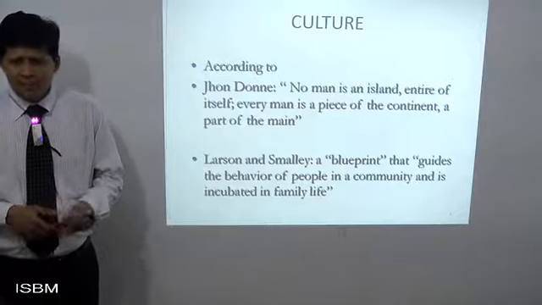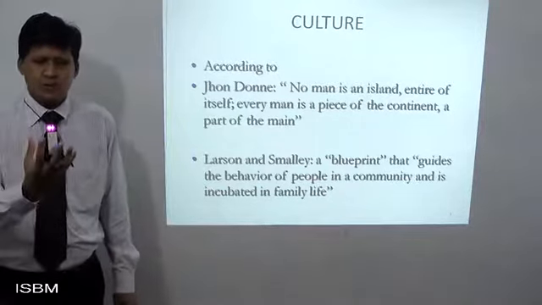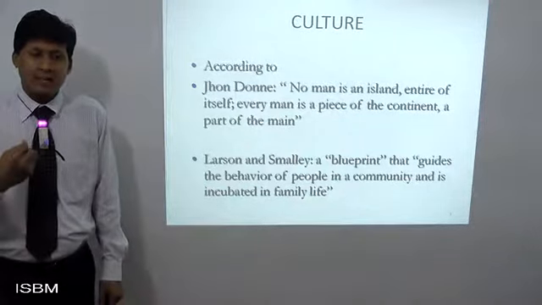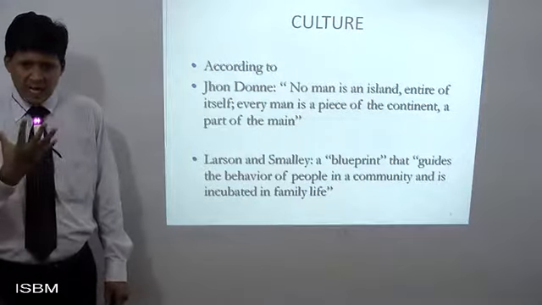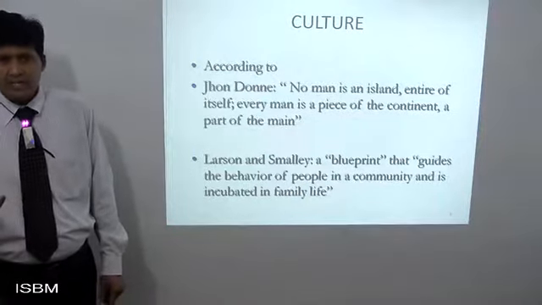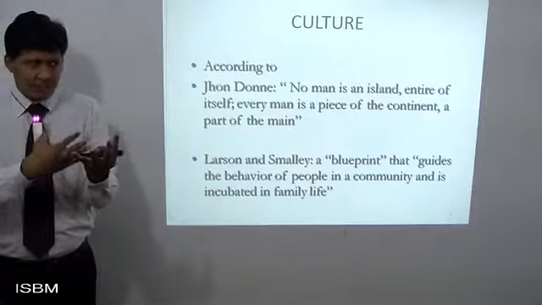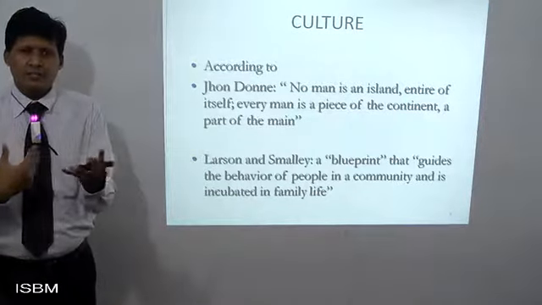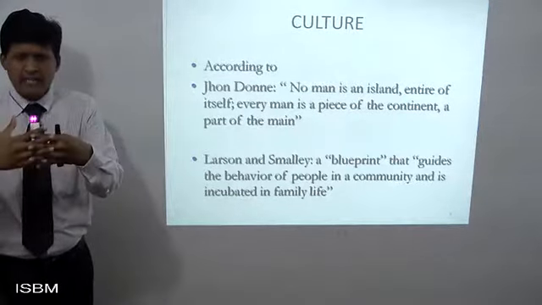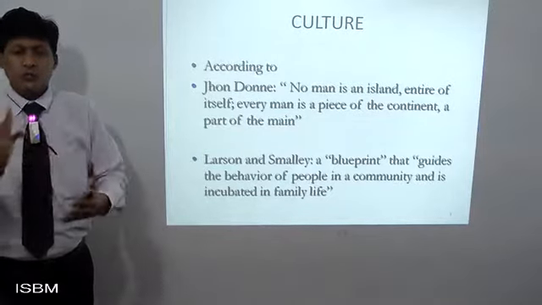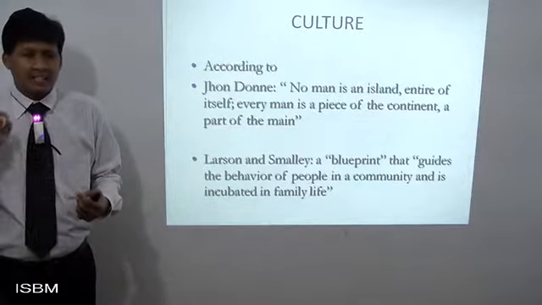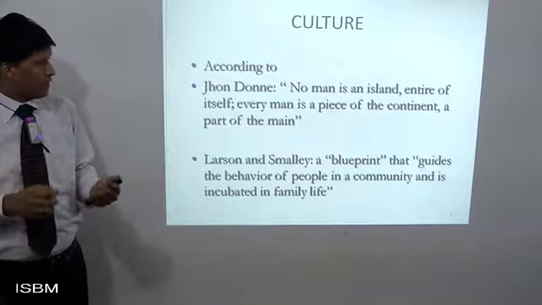That means no man exists in silos or as a separate entity. They are different, they are unique, and yet they are dependent on each other. They are interrelated with each other. So it is very important to understand these dynamics.